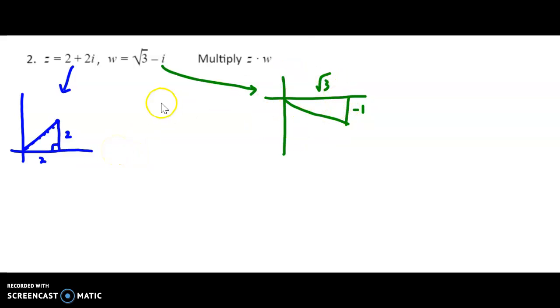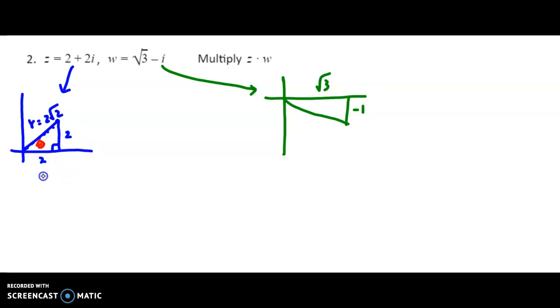For the z, we have to figure out what r is, and we know that we can use the Pythagorean theorem here. This turns out to be 2 root 2, so that's the r value. Then we also need to figure out the theta. And again, you could use inverse sine or cosine. I'm noticing that these are the same.